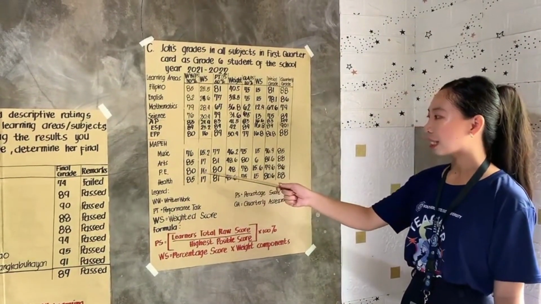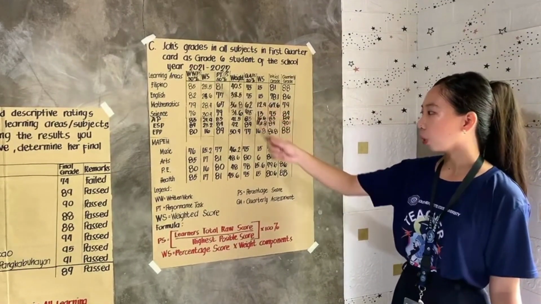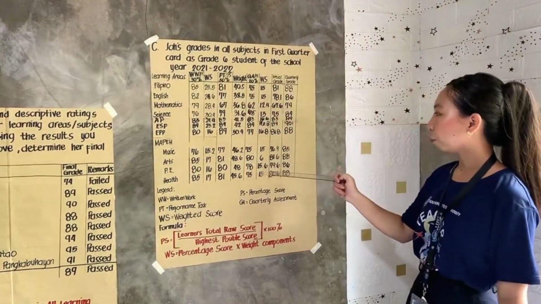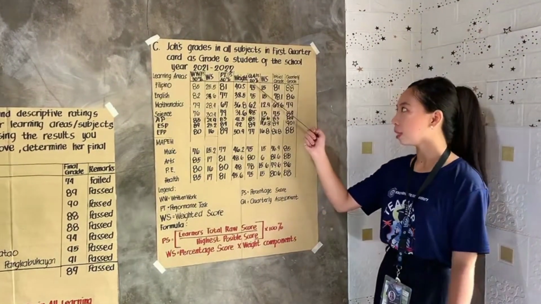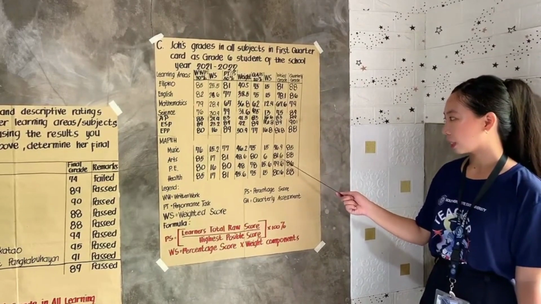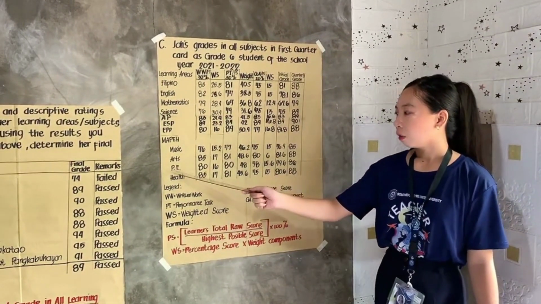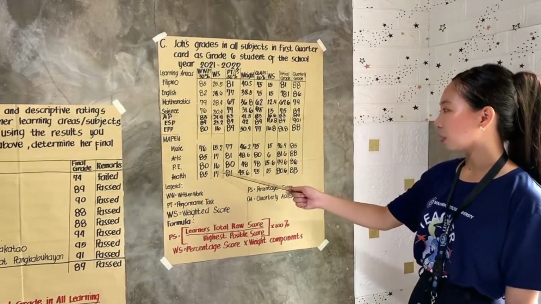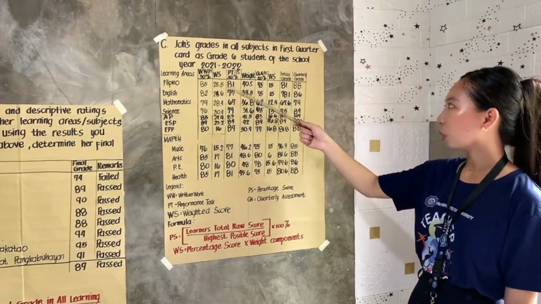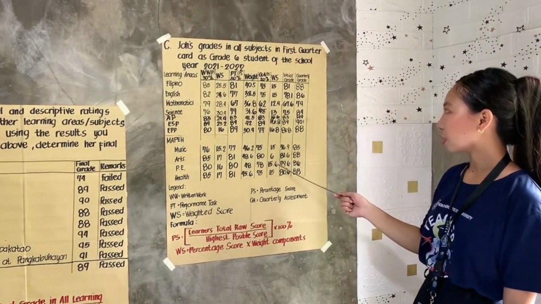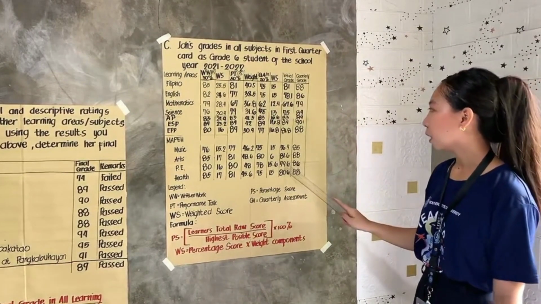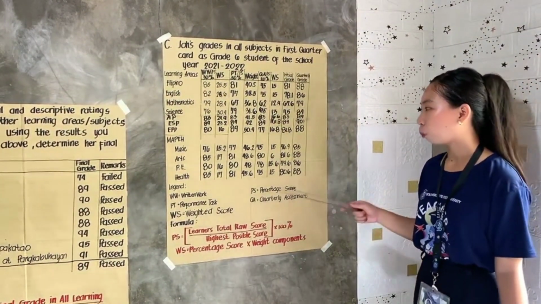In PE, he got 16 weighted score in written work, and 48 weighted score in performance task, and 15.6 weighted score in quarterly assessment, and that will be total 79.6.